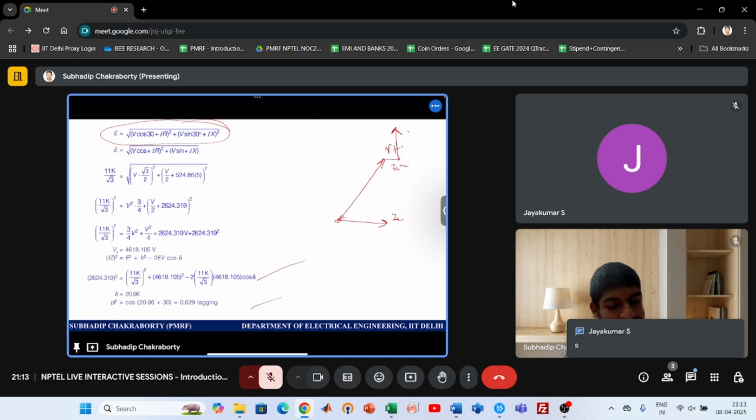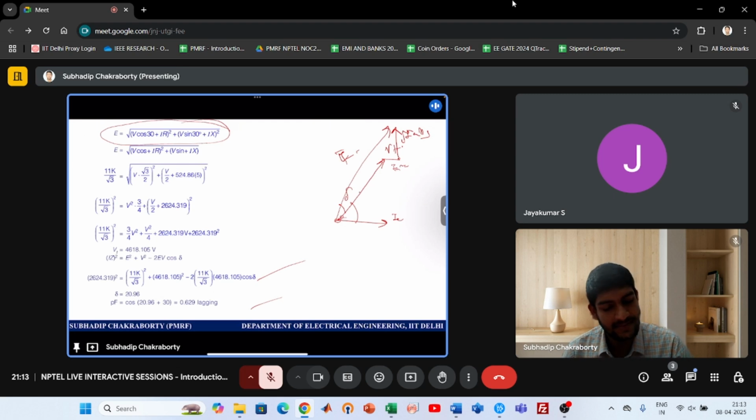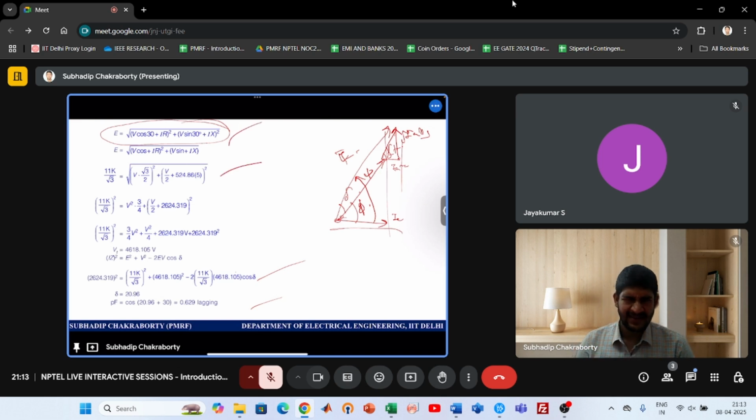RA you can neglect, JIA XS, and then ER. So this angle is nothing but delta, that is nothing but theta or phi. This they call psi, and this they call theta. This is the triangle you need to resolve, and they have applied it like this. Nothing else. This is the formula.